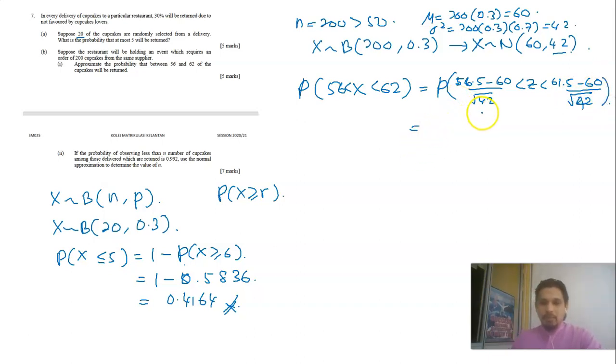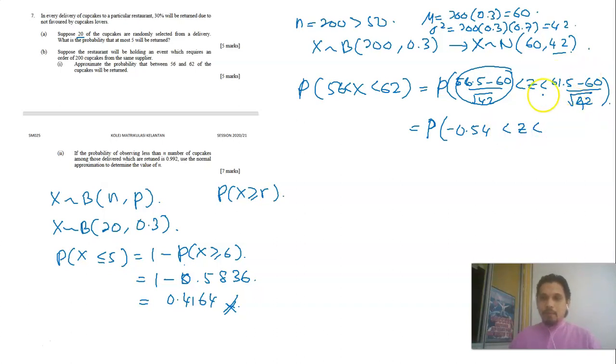Okay, so for this one now, you will get a negative value and a positive value. It's a property of this one. The first is negative 0.54.